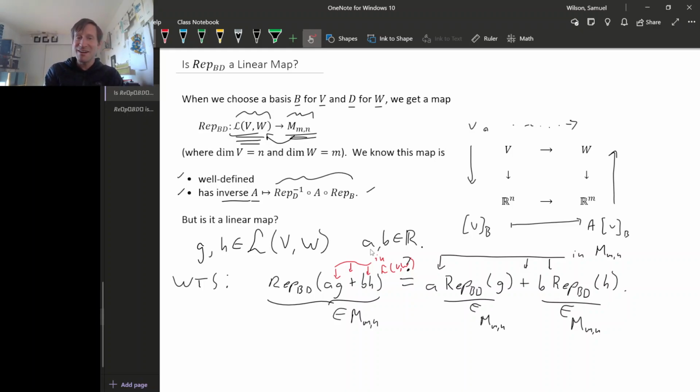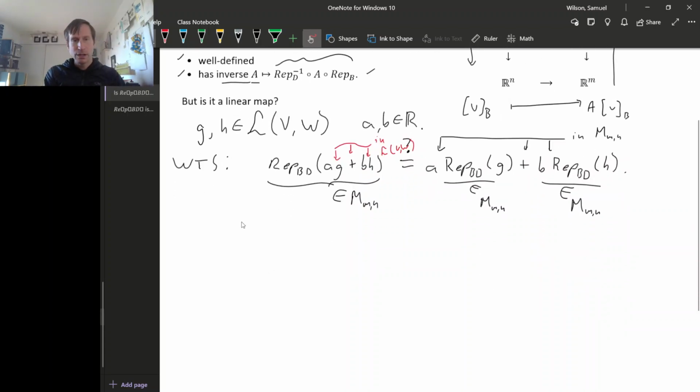But to get another view on why this should be true, remember we have another way we can tell that two matrices are equal. Two matrices are equal if multiplying them by any vector gives you the same result.